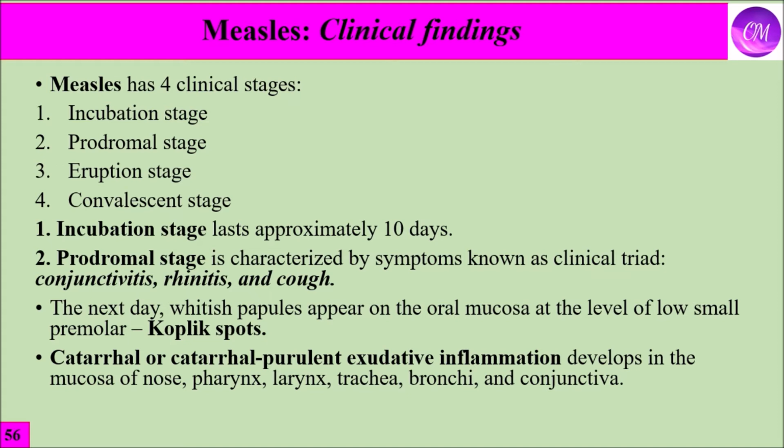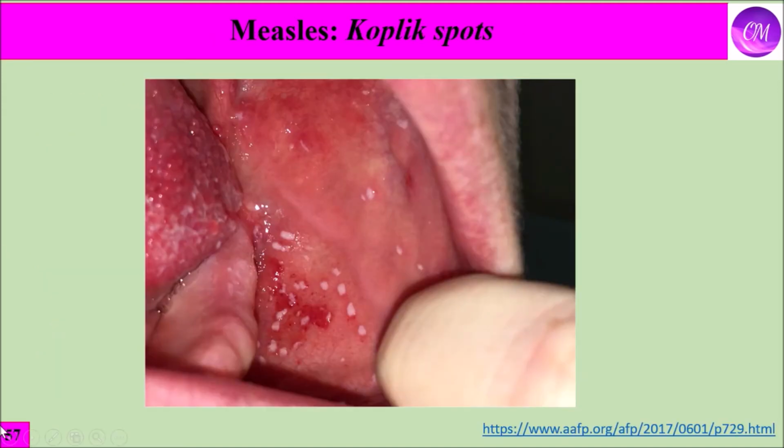The next day, whitish papules appear on the oral mucosa at the level of the lower small premolars, known as Koplik spots. Catarrhal or catarrhal-purulent exudative inflammation develops in the mucosa of the nose, pharynx, larynx, trachea, bronchi, and conjunctiva. Here's the typical clinical presentation of Koplik spots in the oral mucosa.